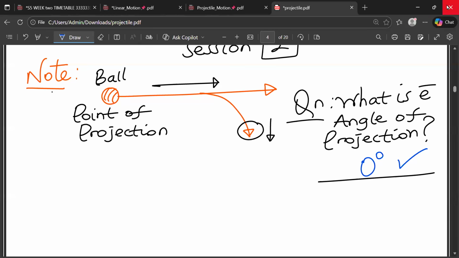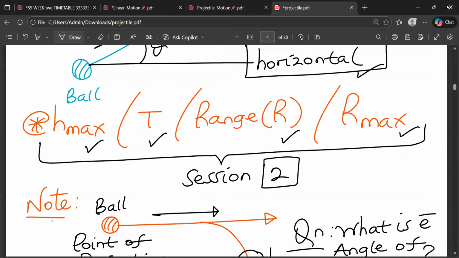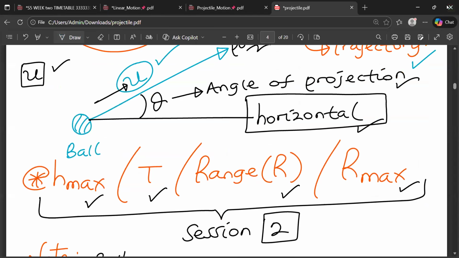So it's like we have no angle there. So don't ask for it, please. Don't bother asking for that angle, it's not there.